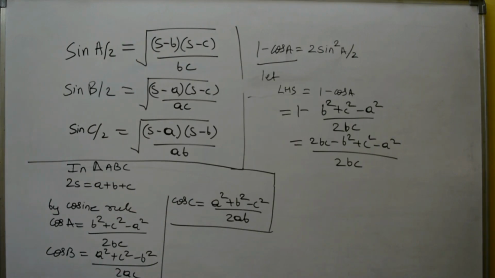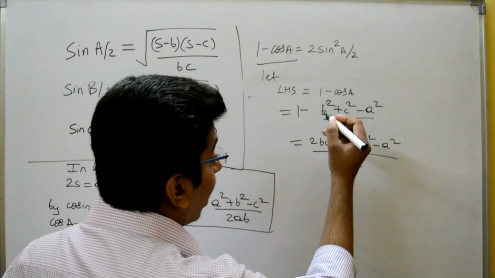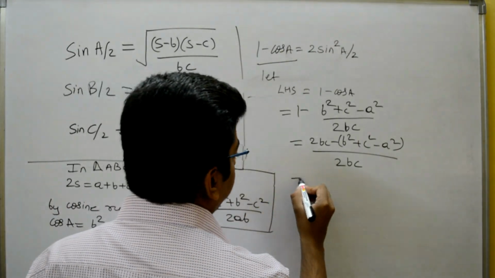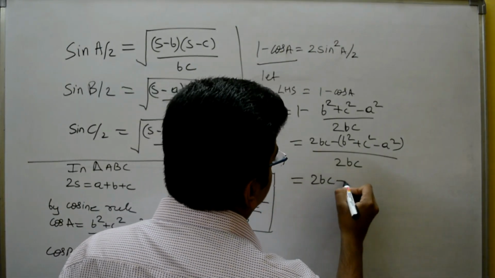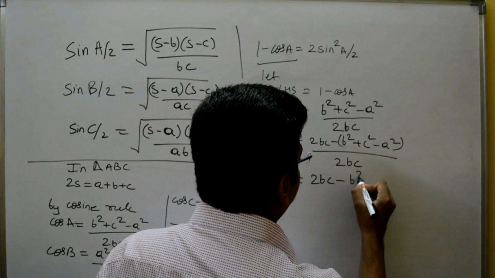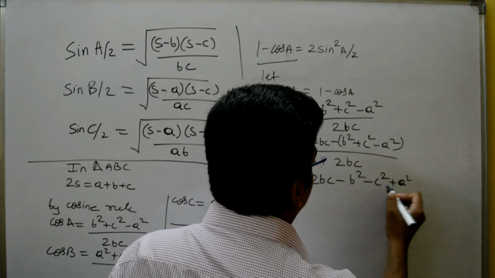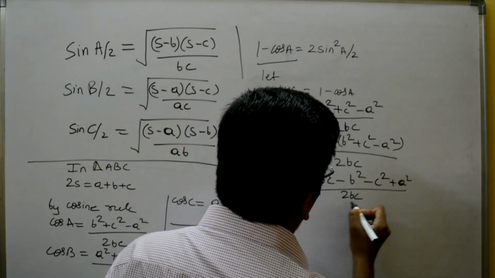Okay, so the next step: this is in the bracket, so the next step will be 2bc minus b square minus c square plus a square upon 2bc.